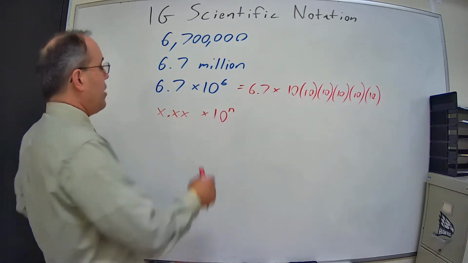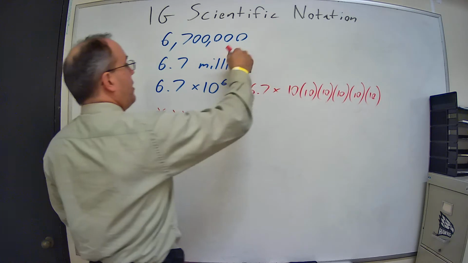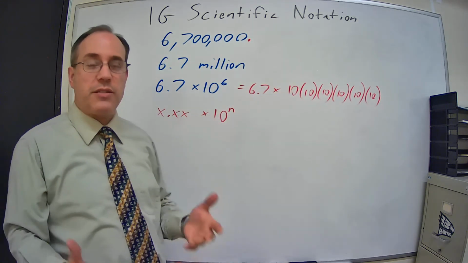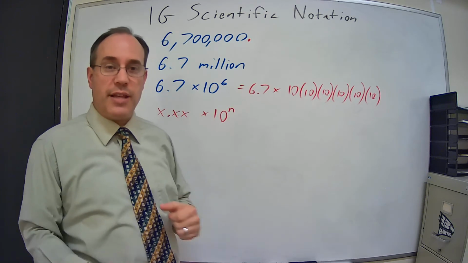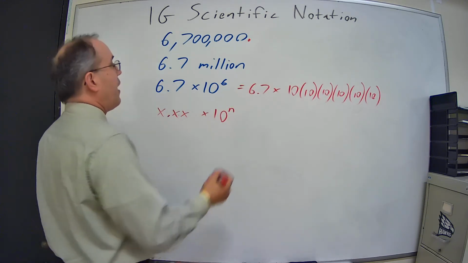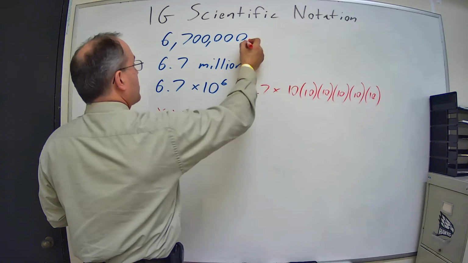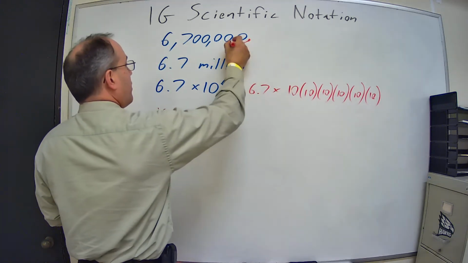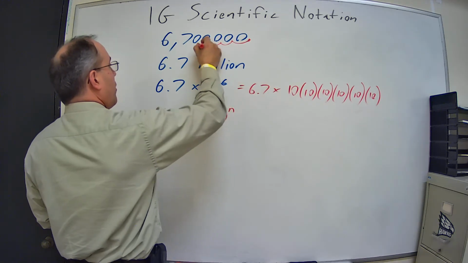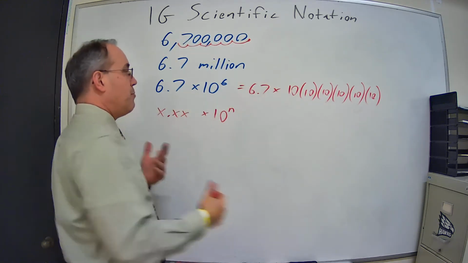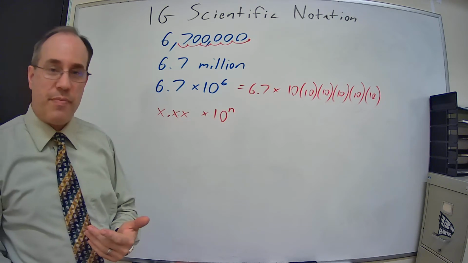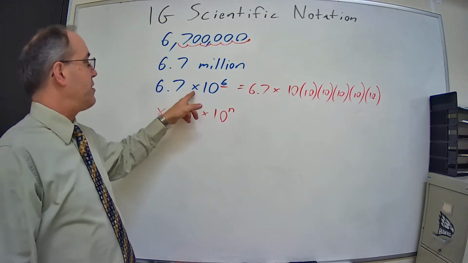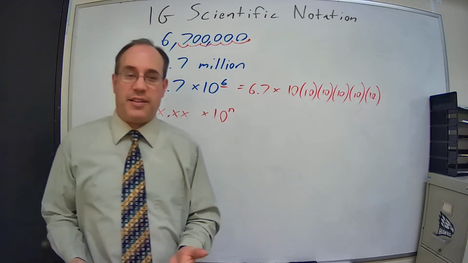If we look at where the decimal point would be for 6,700,000, and I move that decimal point over to make it 6.7, we go 1, 2, 3, 4, 5, 6. I moved it 6 places. 6.7 times 10 to the 6.